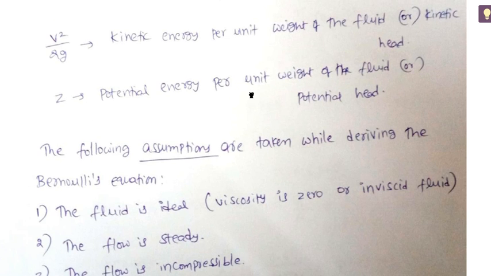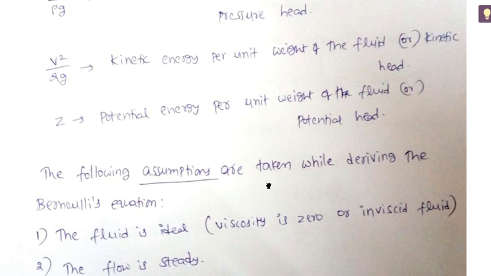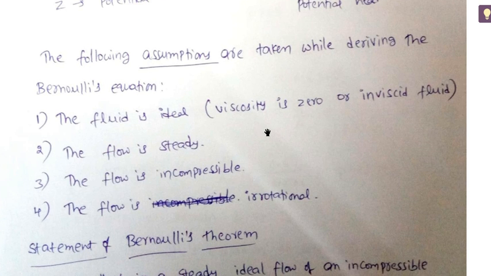While deriving Bernoulli's equation, we have taken certain assumptions. The first assumption is that we haven't considered the viscous forces, so indirectly the fluid is an ideal fluid with no viscosity.